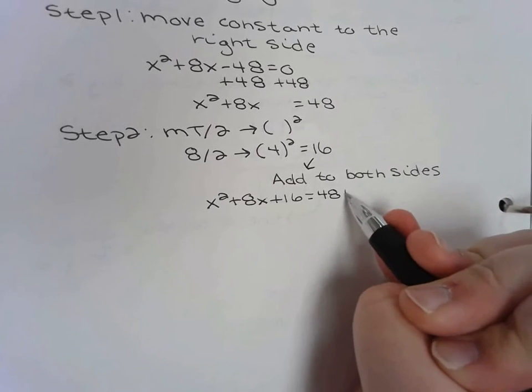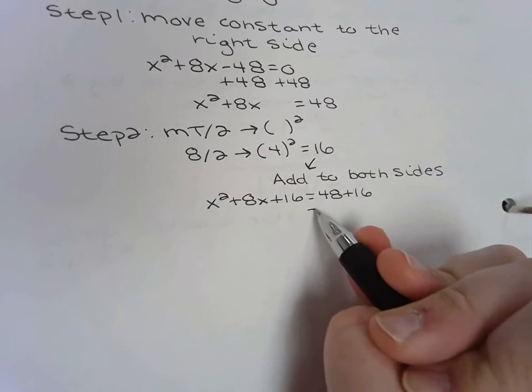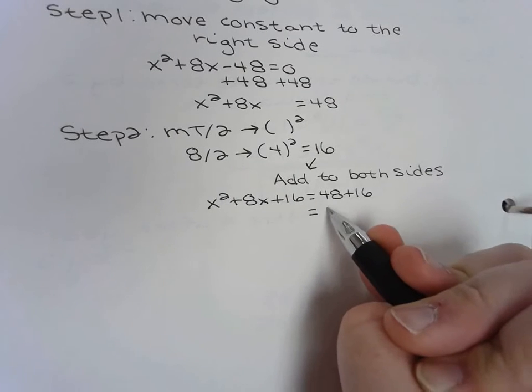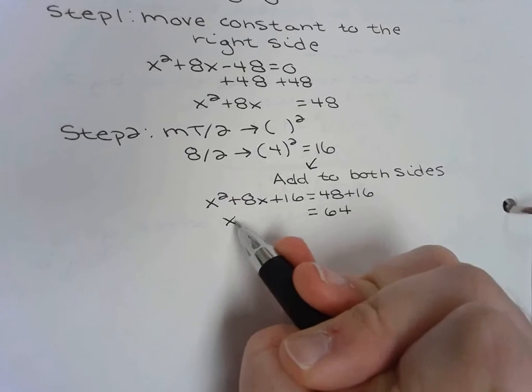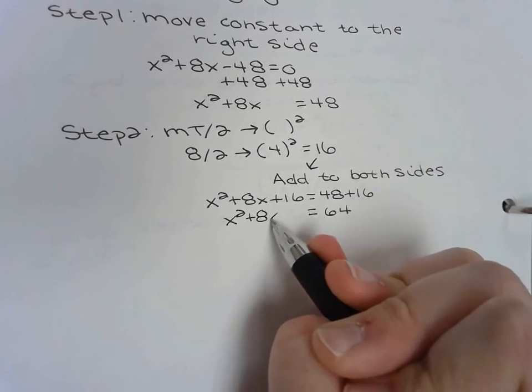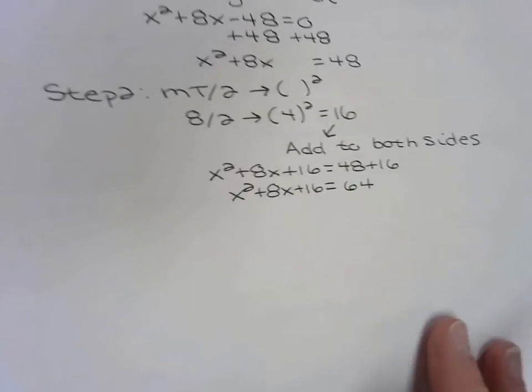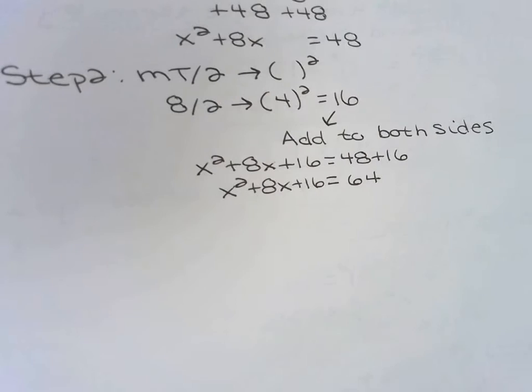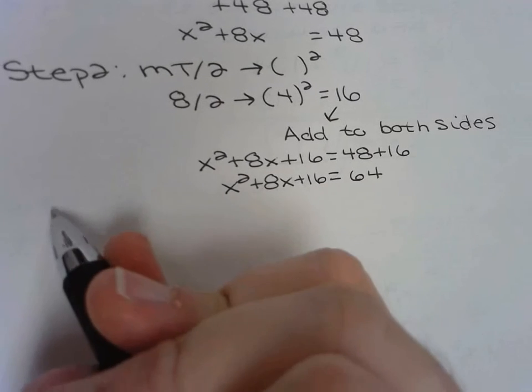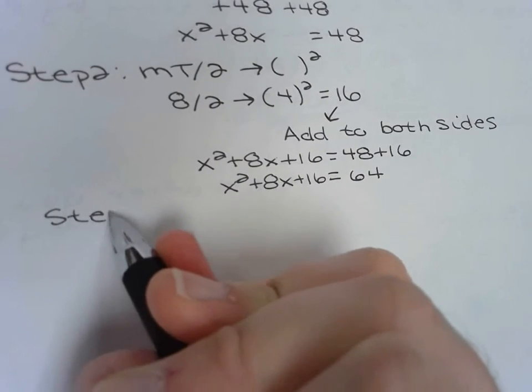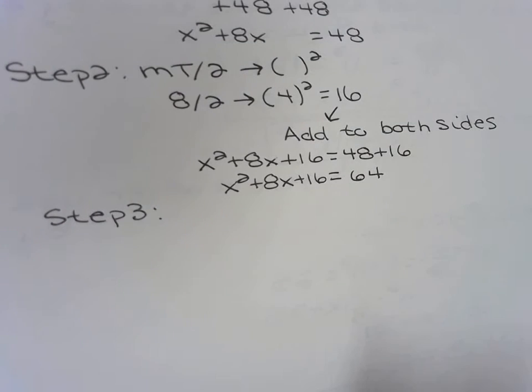So what's 48 plus 16? 64. The only thing different is that I have to add 16 to both sides. Any questions? The last step: the point of completing the square is always to write it as a what?